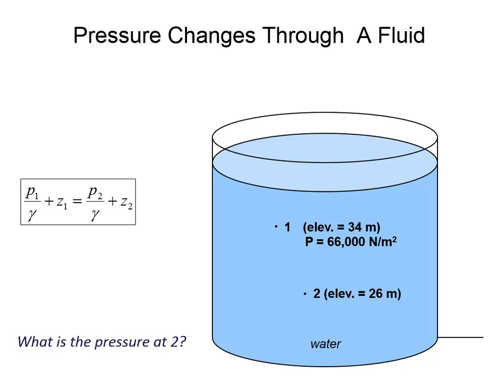So it's 66,000 newtons per meter squared divided by 9810 newtons per meter cubed, plus 34 meters minus 26 meters, times 9810 newtons per meter cubed. So the pressure at 2 is 144,480 newtons per meter squared. In other words, the pressure at 2 is 144 kPa.